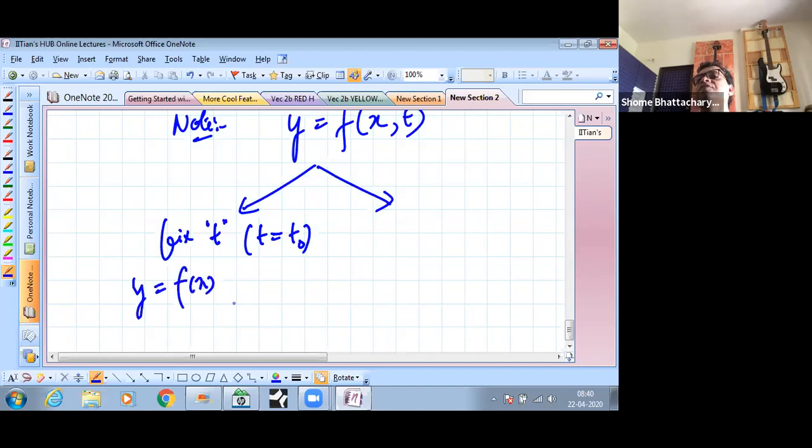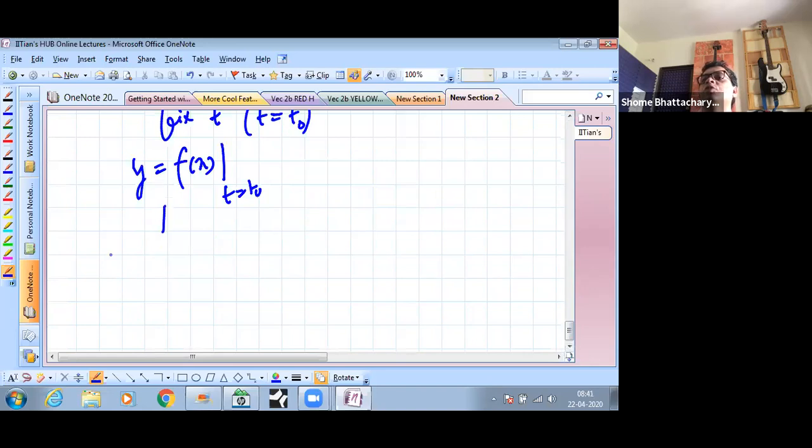But at that fixed time t equal to t naught, what this equation now gives us, when we visualize this equation, this becomes what we call the snapshot picture. It becomes a snapshot at that time, at the instant t equal to t naught.